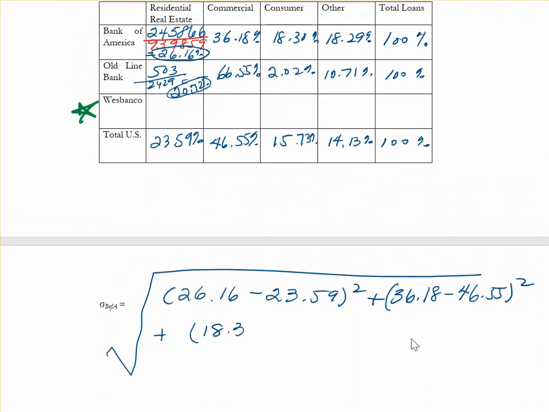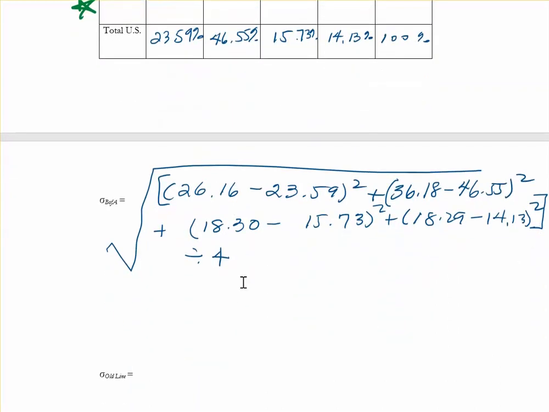You get 18.30 minus 15.73, and then 18.29 minus 14.13, and then divide all that by the number of loan categories here, which are 4. After you plug that all into the calculator, you'll get 5.87%.